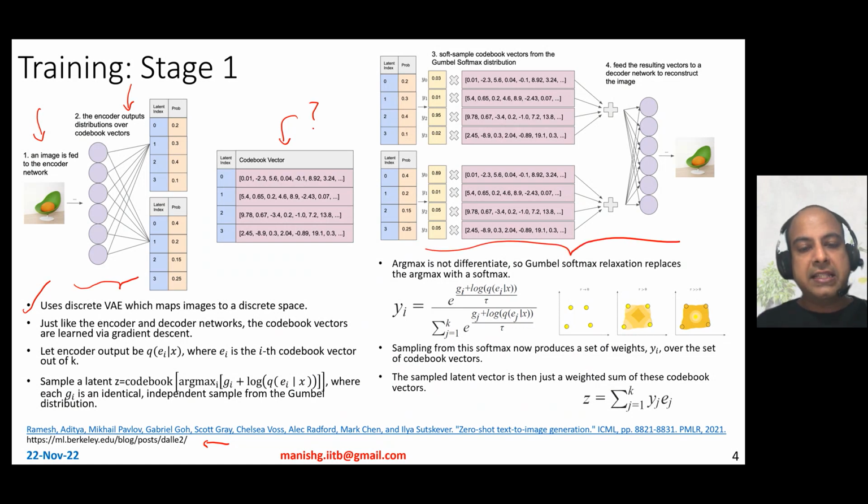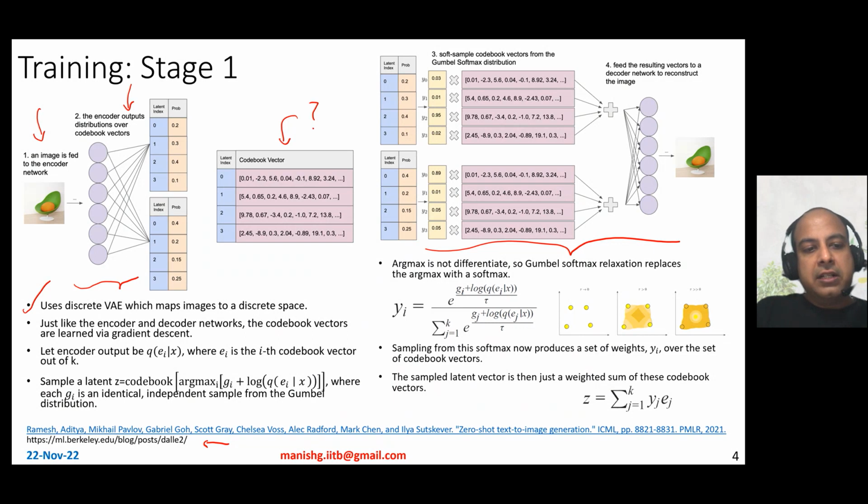We already talked about the encoder, and what it is trying to do is to output a distribution over codebook vectors. As we discussed, it's for every position in the 32 cross 32 grid, giving an 8192 sized vector, right? And each of those values are basically logits for deciding the probability contributions from each of the codebook vectors.